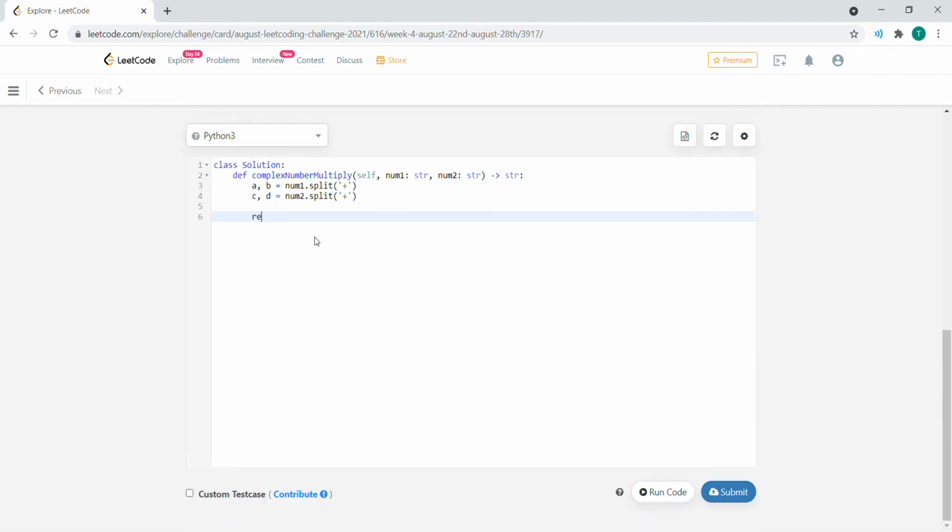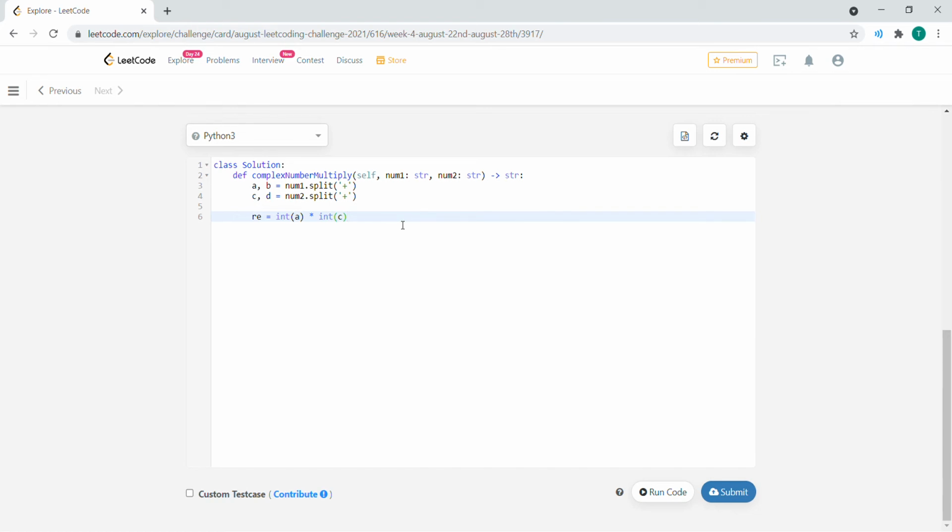So let's call this RE for real, and you want that to be integer multiplication: integer of A times the integer of C. Basically the real number of the first part times the real number of the second.